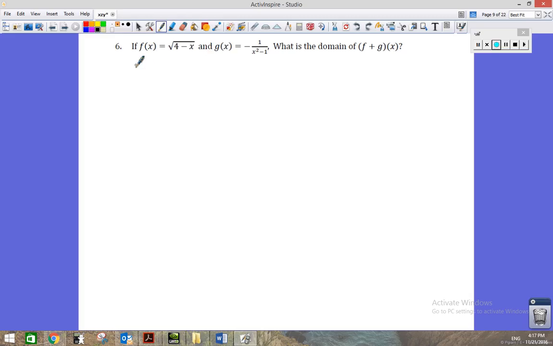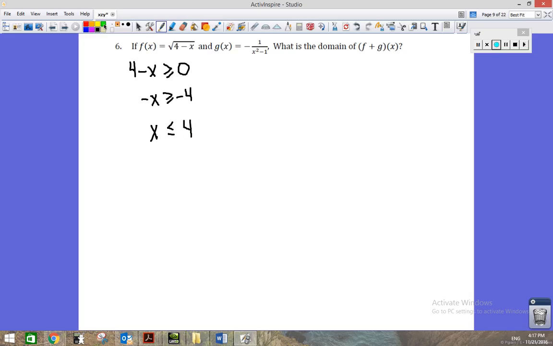So this 4 minus x can't be negative. It has to be 0 or positive. Let's solve this inequality. If we subtract 4 from each side, and multiply both sides by negative 1, I have to change the direction of the inequality, and I have x is less than or equal to 4.